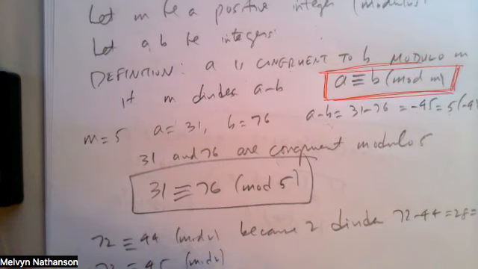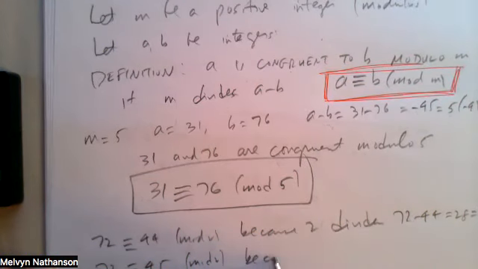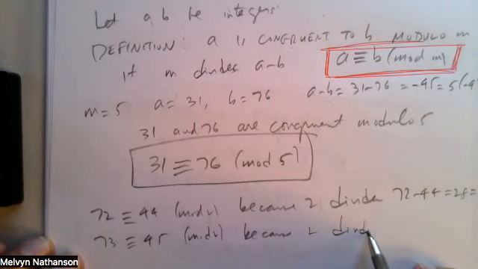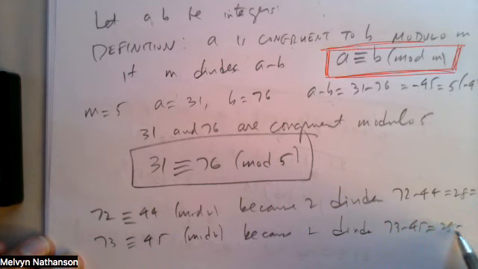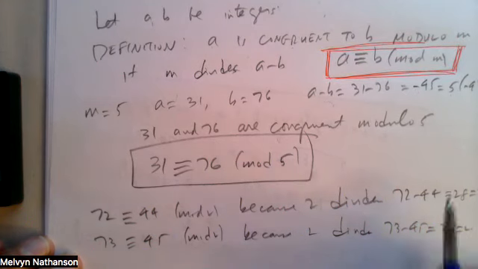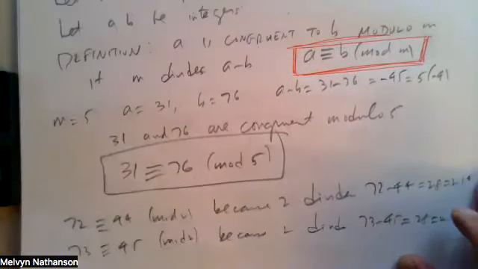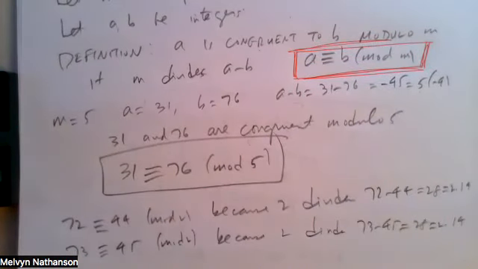Any two odd numbers are congruent mod 2 because 2 divides 73 minus 45, which is also equal to 28. So this definition of congruence, you must know. Memorize it. We use it all the time. You have to know exactly what congruence means.